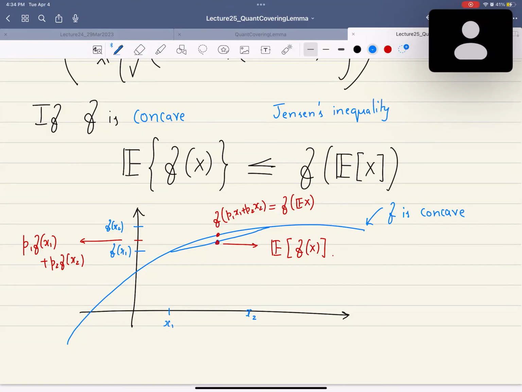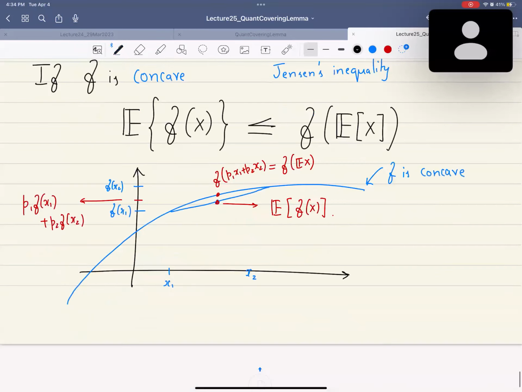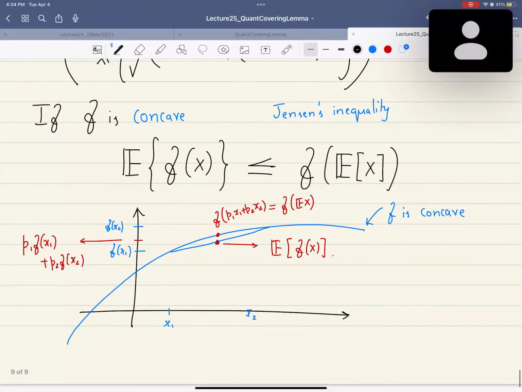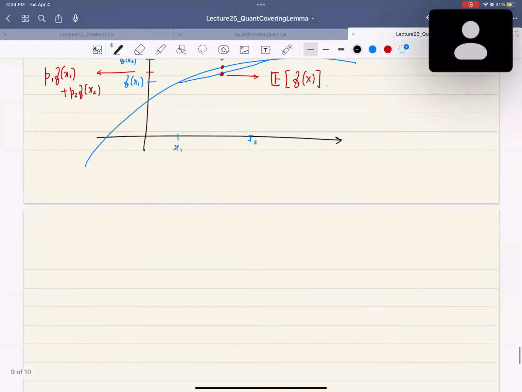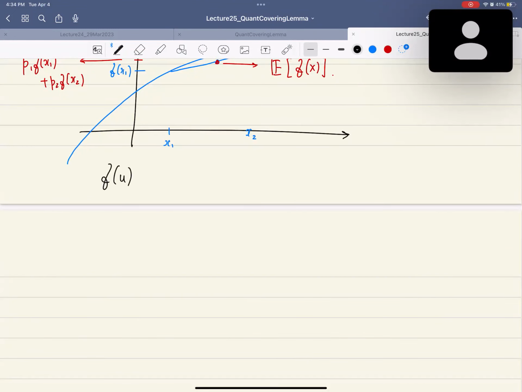And this is for real numbers, I mean random variables. So f from R to R, f of u defined as root u, is concave.